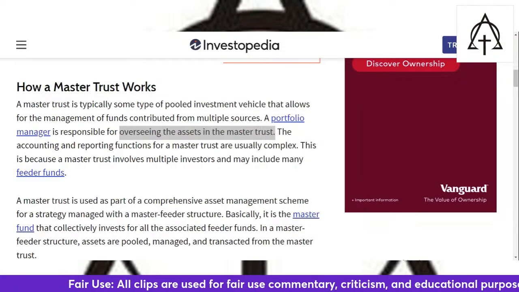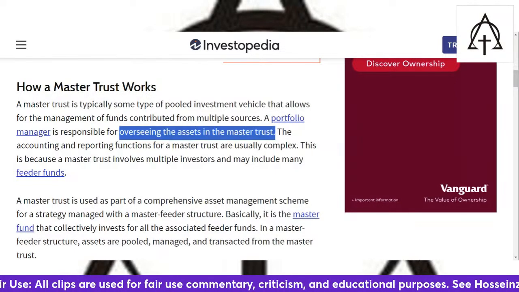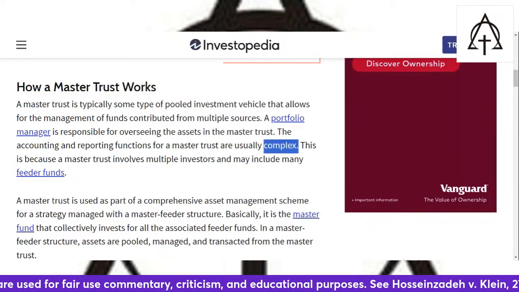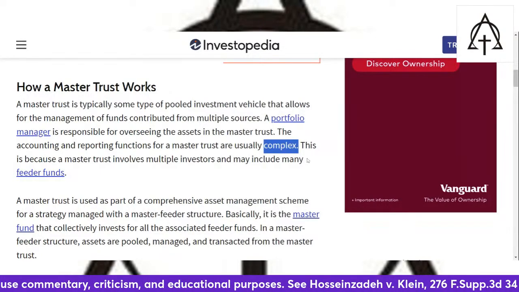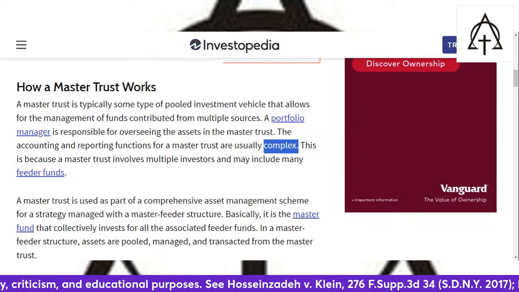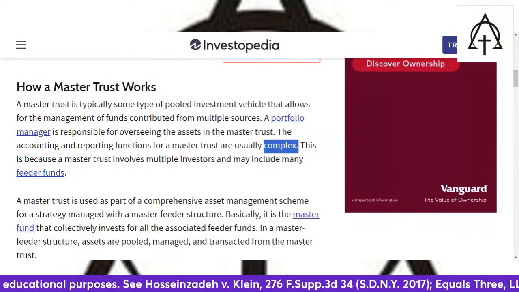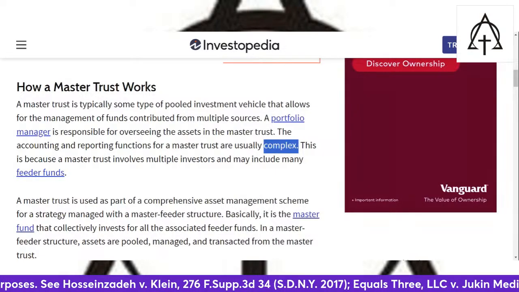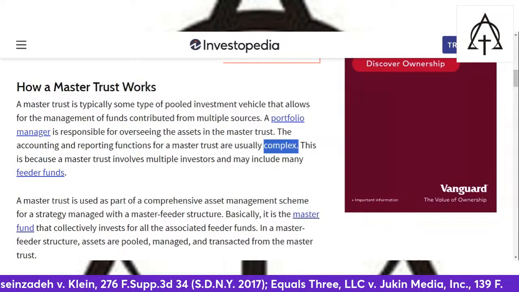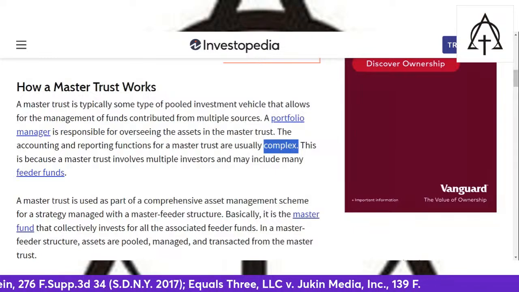The accounting and reporting functions for master trusts are usually complex. Remember that state's vital statistics jurisdiction chart that I showed you with the birth registration and the death registration? It's very complex.